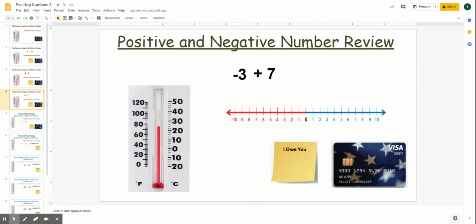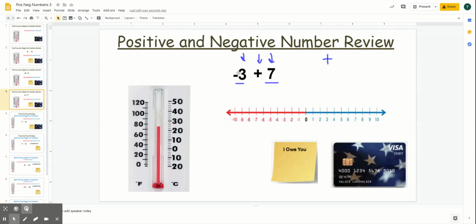All right, so a couple other ways to look at these now. So we have -3 plus 7, and we've been talking about the absolute values. All right, if you understand that, these become very, very simple. You'll see right away that the answer should be one way, right? Because our positive number is greater than our negative number. Our 7 absolute is bigger than our 3 absolute, so that means our sign at the end is going to be positive.